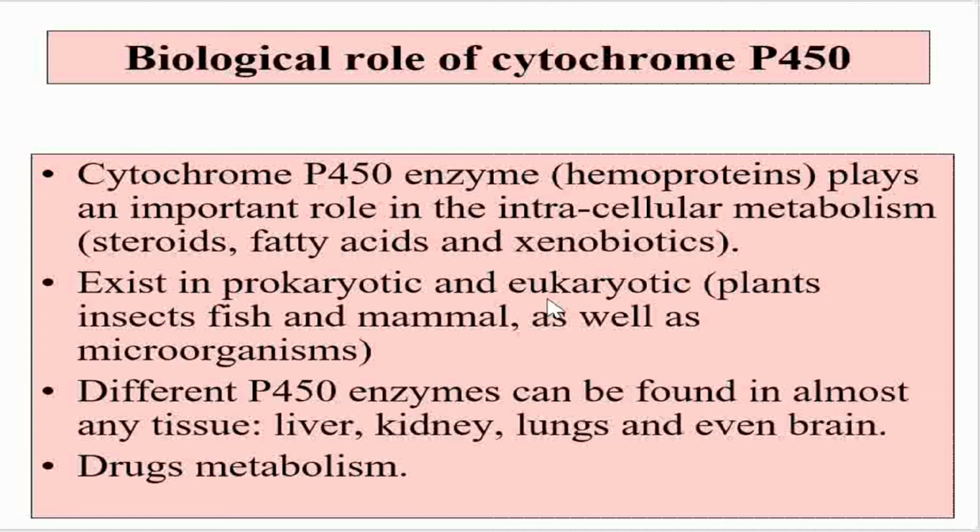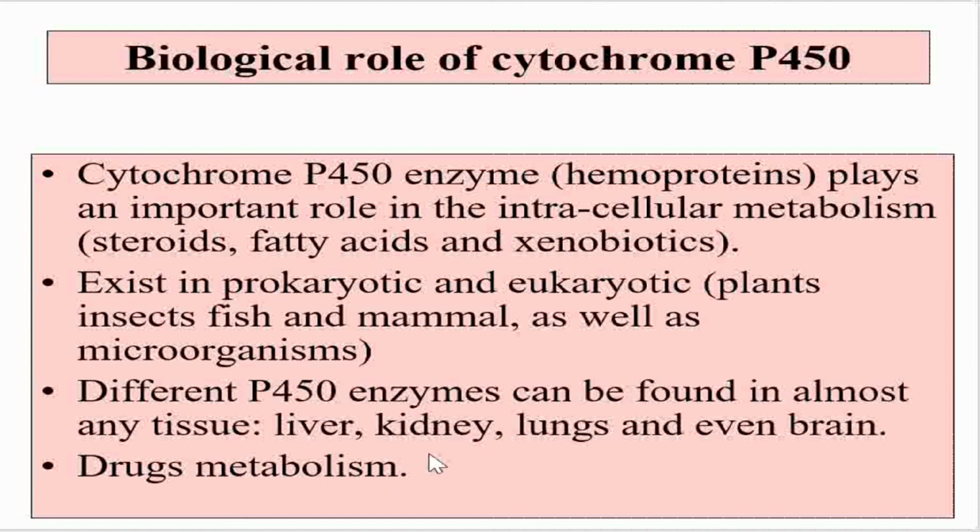This enzyme is present in prokaryotes and eukaryotes, including plants, insects, fishes, mammals, as well as microorganisms. And this acts as a protective mechanism in these organisms. Different kinds of P450 enzymes can be found in almost all tissues, including liver, kidney, lungs, even in the brain.